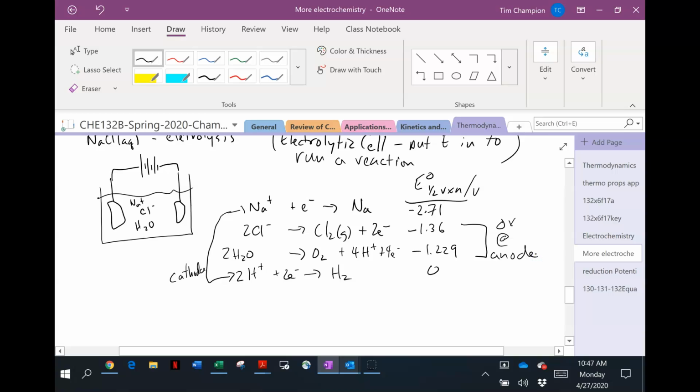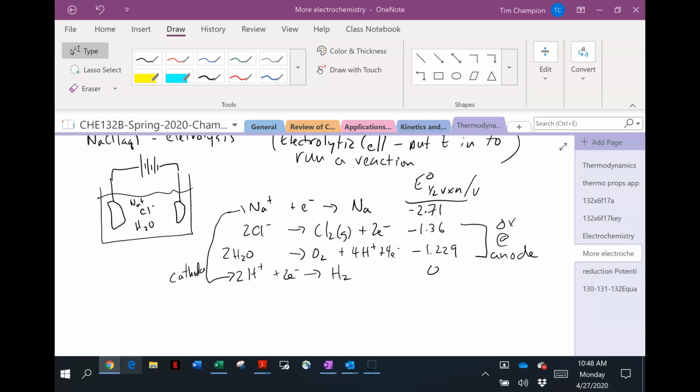And to figure out what's going to happen, we're going to pick the most energetically favorable of each of these. The most energetically favorable at the cathode is clearly going to be the hydrogen reaction.